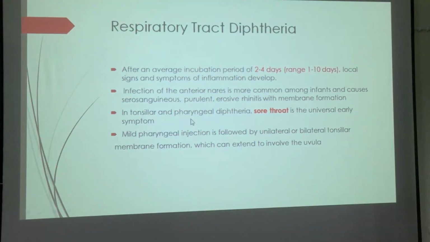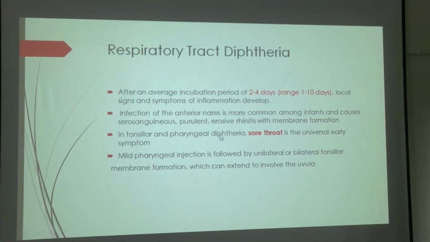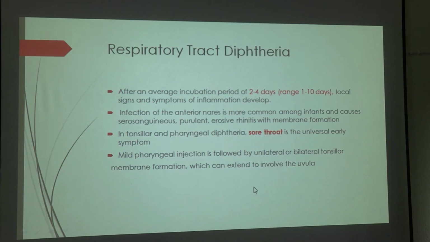Infection of the anterior nares is more common among infants and causes purulent serosanguinous erosive rhinitis. The most clinical and cardinal feature of pharyngotonsillar diphtheria is the sore throat. That has to be present. Mild pharyngeal injection followed by unilateral or bilateral tonsillar membrane formation that can extend up to the uvula.